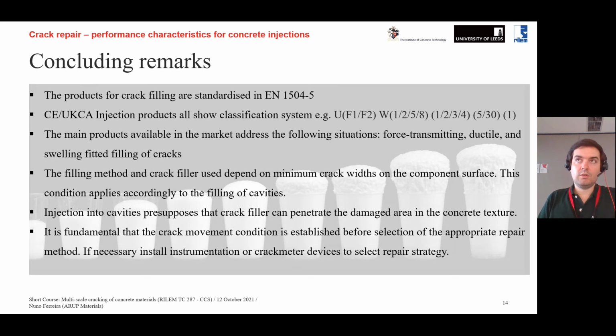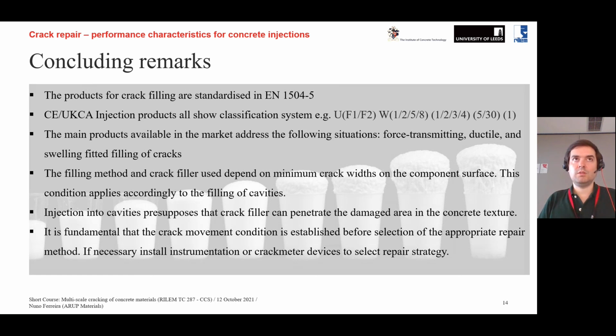This condition applies accordingly to the filling of cavities, and injection into cavities presupposes that the crack filler can penetrate the damaged area. So this is also a specific area of interest, worth a little more research. It's fundamental that the crack movement condition is established before selecting the appropriate repair method.